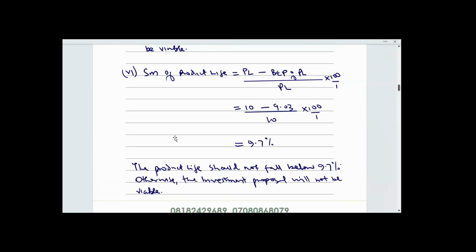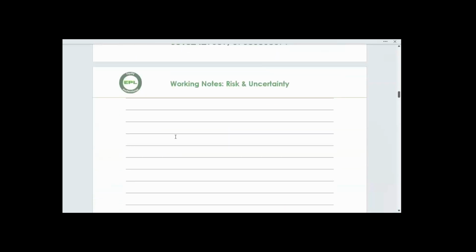Okay. The last one, cost of capital. Number 7, sensitivity margin of cost of capital. So this is computed as internal rate of return minus cost of capital divided by cost of capital multiplied by 100/1.